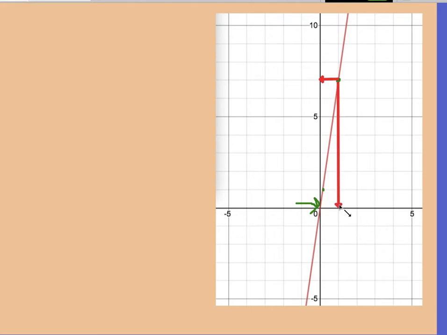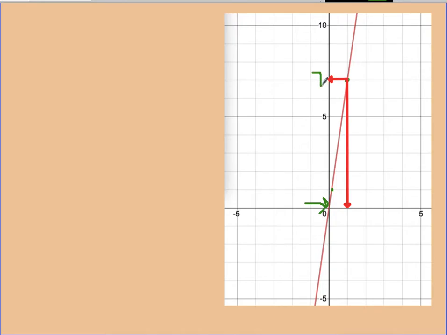I really find that drawing these lines is helpful for me. It's real quick and we can get it done. Let's look at our constant of proportionality, k. So 7 over 1, that's y over x. That simplifies to 7. So when I write my equation, y equals 7x. So there's my equation for that line.